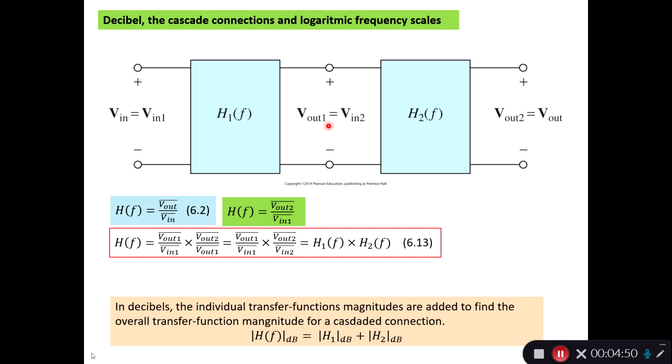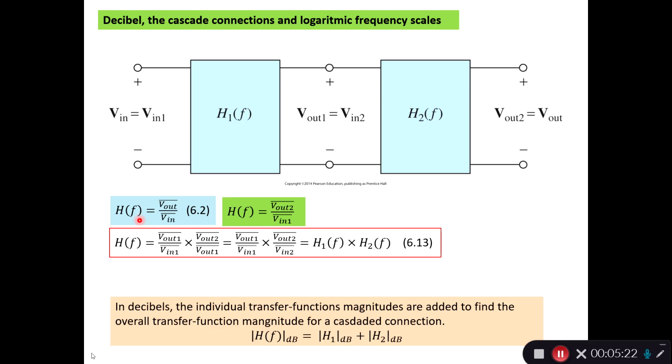This is the output from transfer function 1. This output then becomes the input to the next transfer function, Vin2, that then goes into this transfer function, becomes transformed, and then gives the output of the overall block.